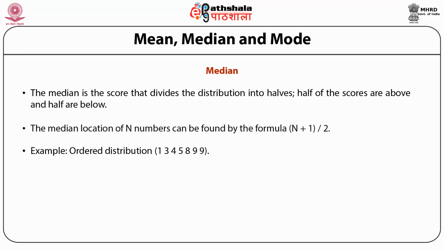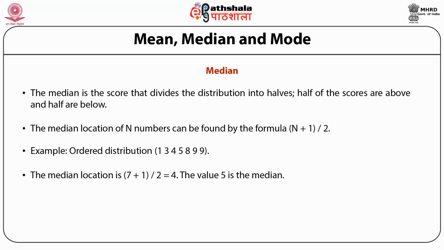Then the median will be (n plus 1) by 2. That means n is here 7, plus 1 is 8, by 2 is 4, so the fourth number of the distribution. When you organize it in a sorted manner, the fourth is basically your fifth number, value 5. So that is your median.